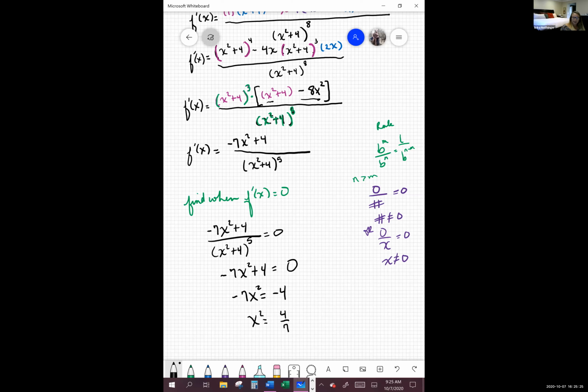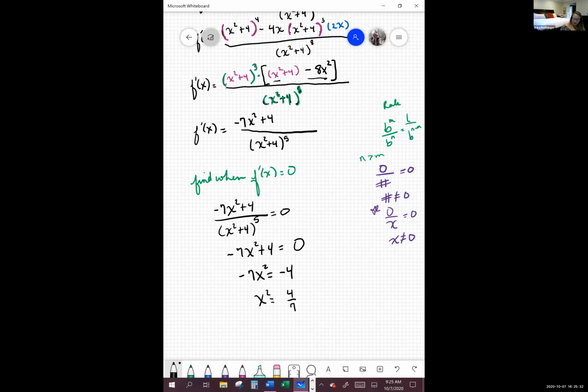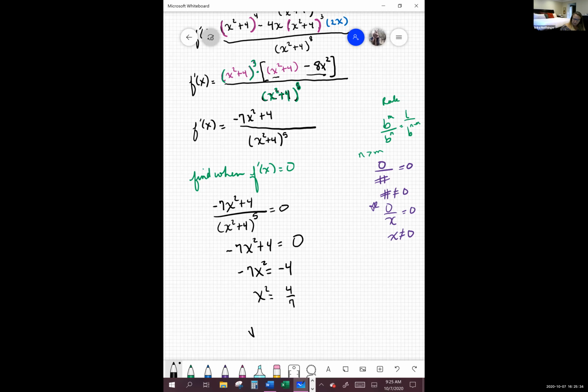Now that we isolated the square, we can use the square root method. So we can take the square root of both sides of our equation. But when we do, we want to make sure that we put a plus or minus, and I usually put it in front of the radical with the square root of the constant. So we get the square root of x squared equals plus or minus the square root of 4/7.